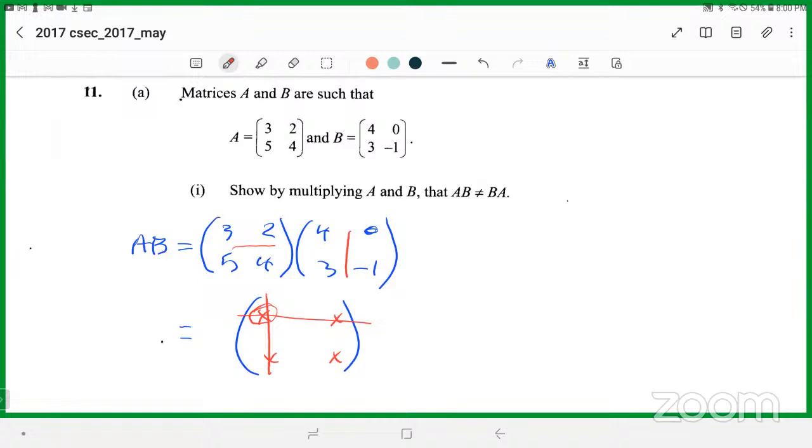So to get it, using this first row with this first column, I'll multiply first value in the row by the first value in the column, second value in the row by the second value in the column. So first element times first element, second element times second element. 3 times 4 and 2 times 3. 3 times 4 is 12 and 2 times 3 is 6. So that value is 18.